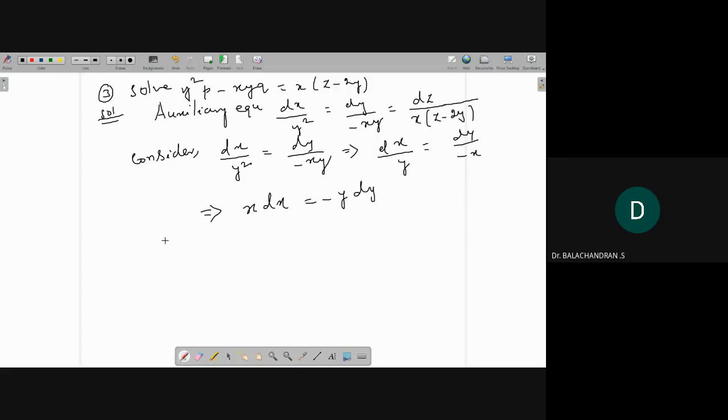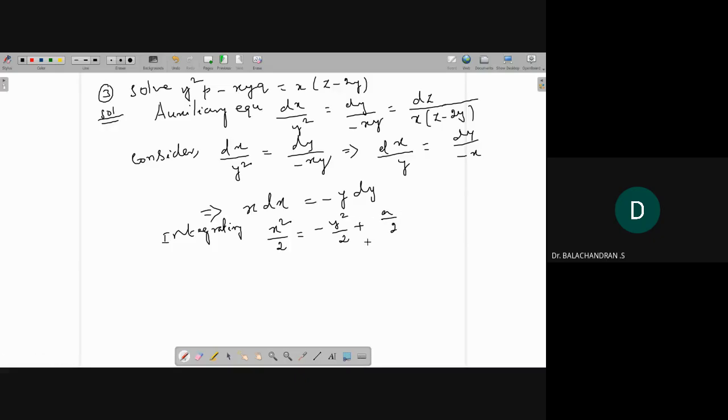If you integrate, you'll get x square by 2 is equal to minus y square by 2 plus some arbitrary constant a by 2.